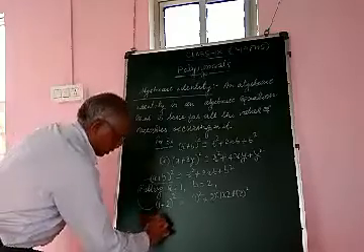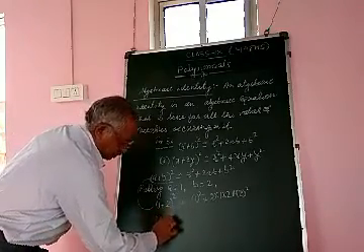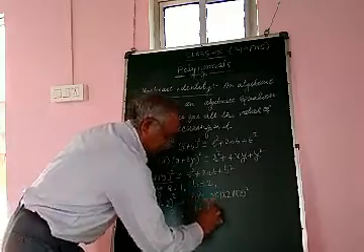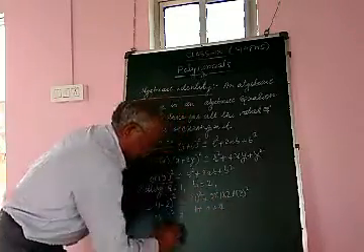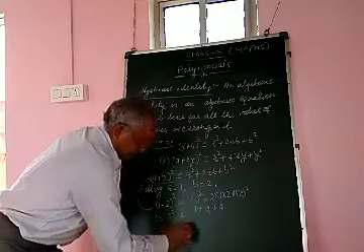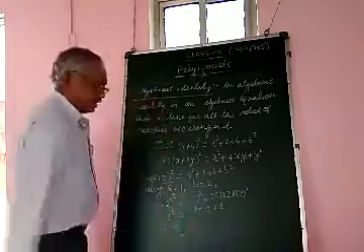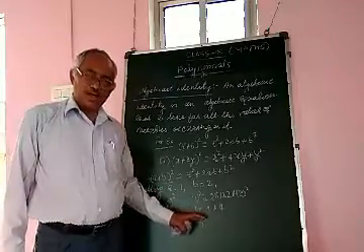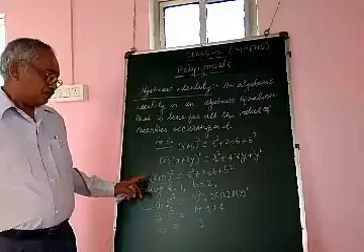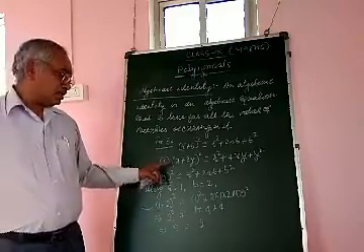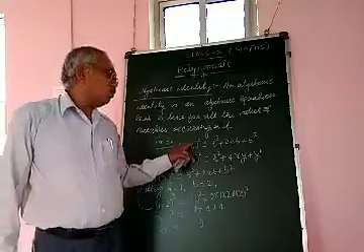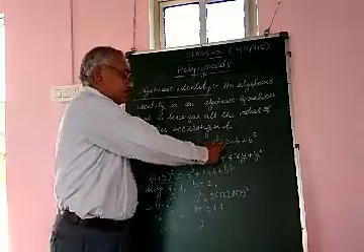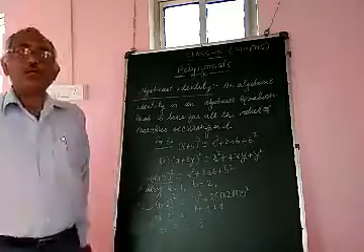Now this is 3 square, which is 9, and 1 plus 4 plus 4 is also 9. Here we get that LHS and RHS are equal. So a plus b whole square is equal to a square plus 2ab plus b square.